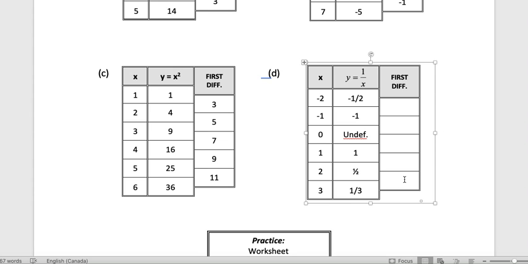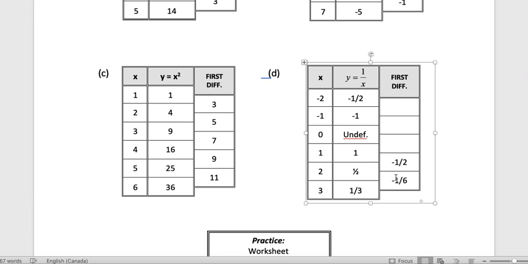So for quickness, I'm going to use my calculator to subtract 1/3 from a half, and that gives me negative 1 over 6. Half minus 1 is negative 1 over 2.